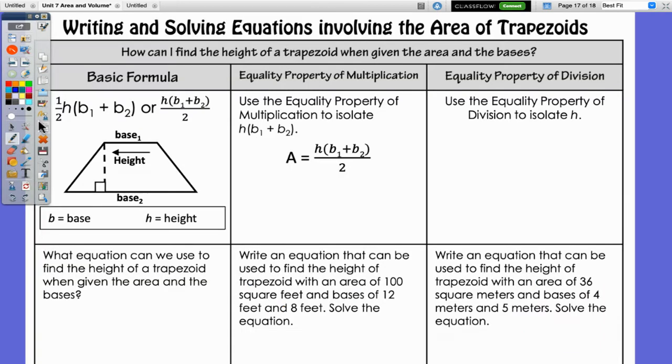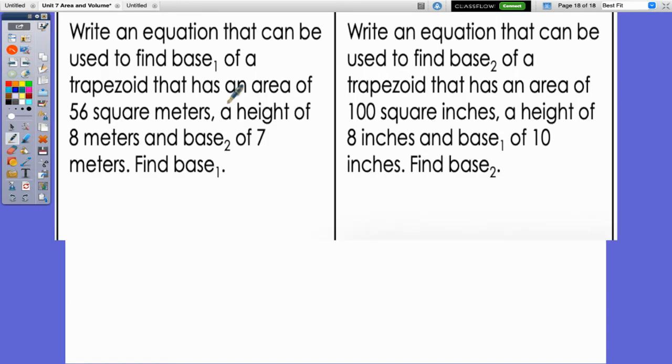Okay, we're going to just do these last two problems, which are at the bottom of this page. And this time we are going to be finding base 1 or base 2. So we're going to use the same formula. Area equals base 1 plus base 2 divided by 2 times height. So let's see.